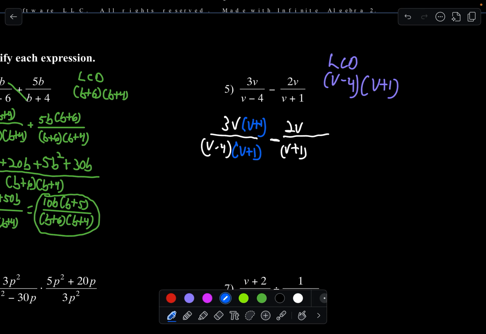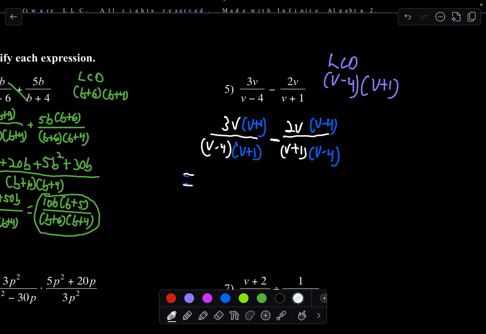And now we're adding the v minus 4 to make it equal to the LCD, which means we have to add that to the top. Now it's over the common denominator, so we are just going to distribute and then combine like terms.